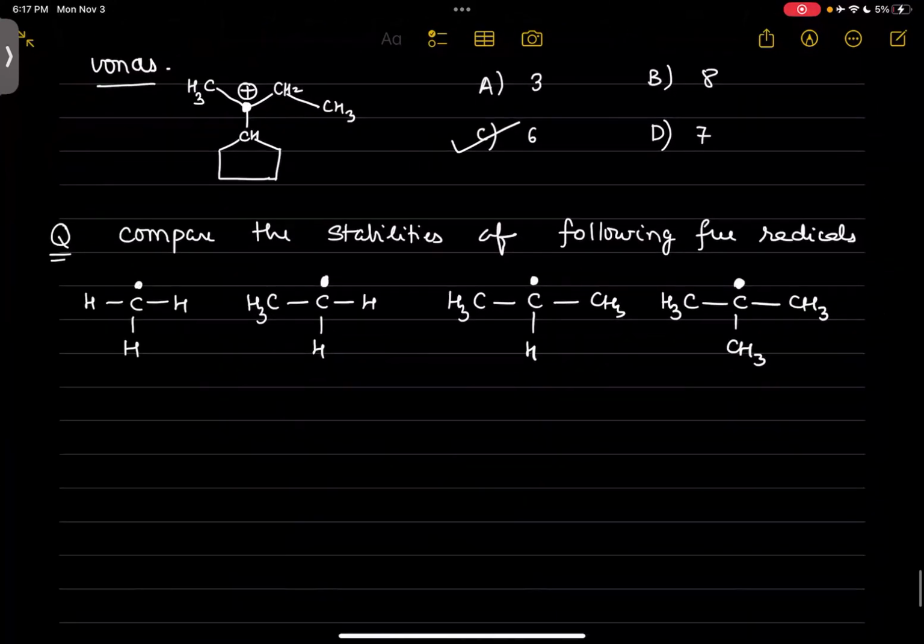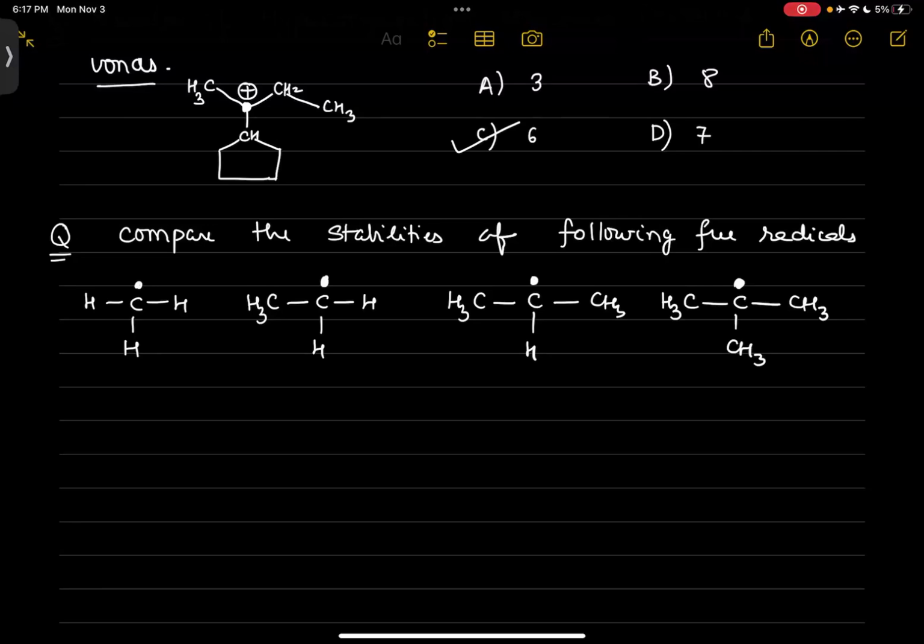So are they resonance stabilized? They won't have resonance, right? Why are they not resonance stabilized? Because only sigma bonds are present. Only sigma bonds are there.